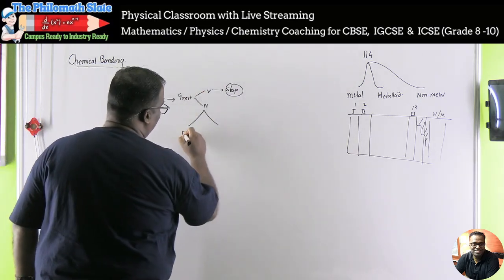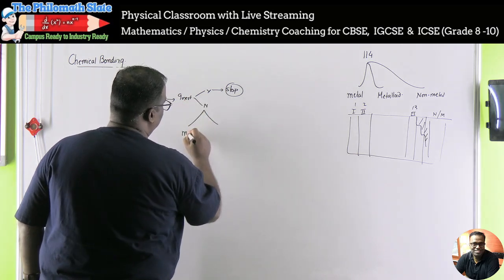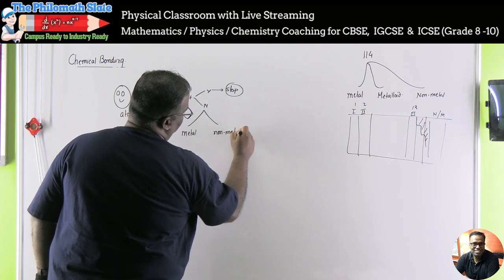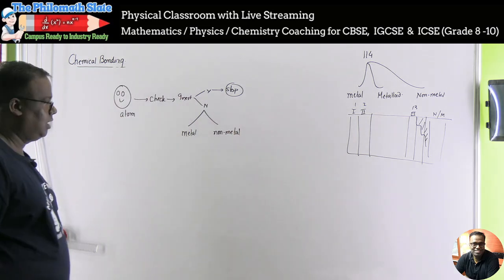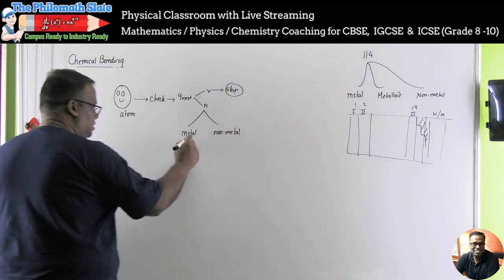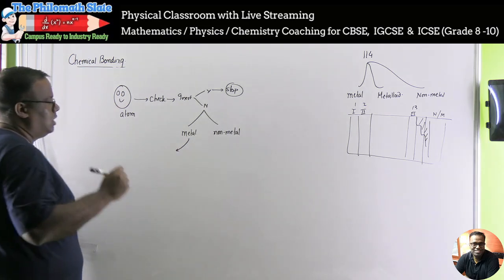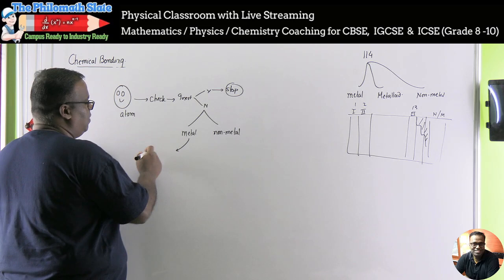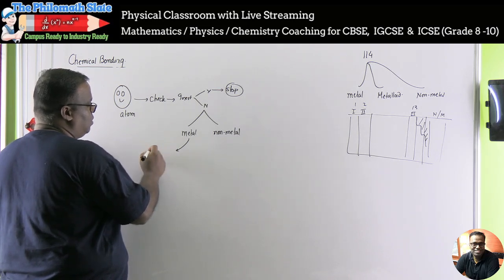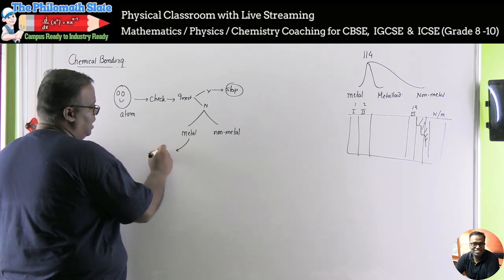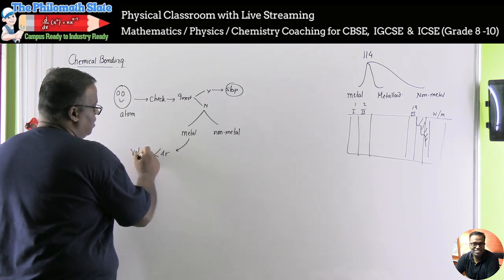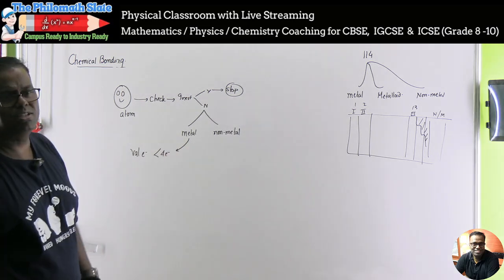So roughly, if you are not inert, then we check whether you are a metal or a non-metal. Let's say you are a metal. Try to grasp now. If you are a metal, the number of electrons on your valence shell will always be less than 4.